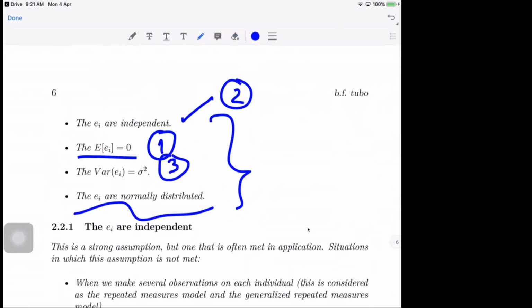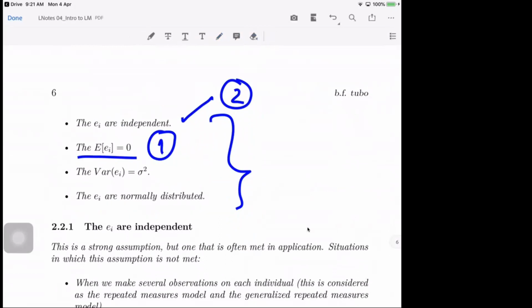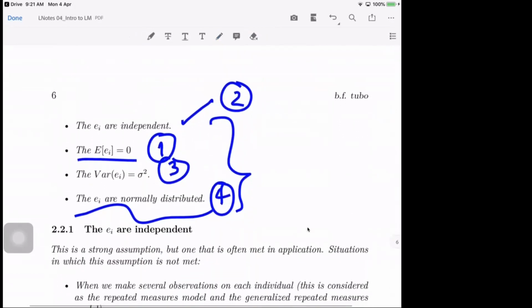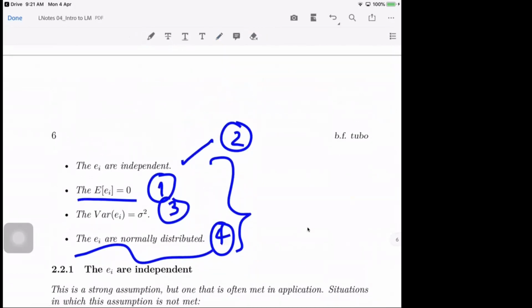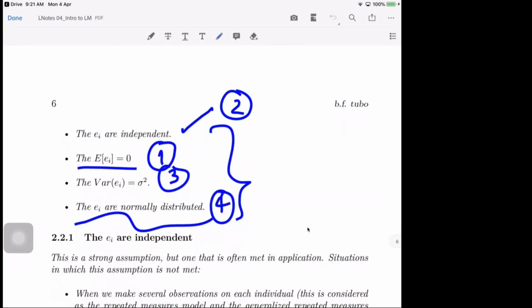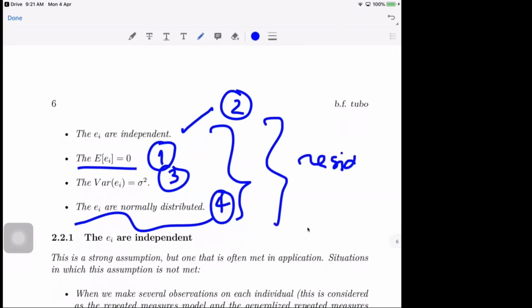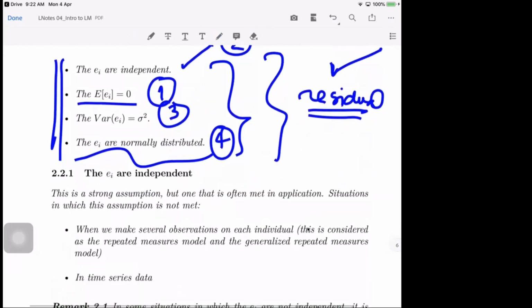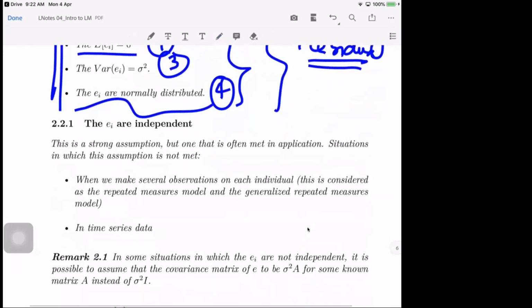And the ei's being normally distributed also means that the yi's are normally distributed. So these are interrelated: if the assumptions on y are satisfied, then the model diagnostics on the residuals should also be satisfied. When we are able to check this and these assumptions are satisfied, then the assumptions about y are also satisfied.